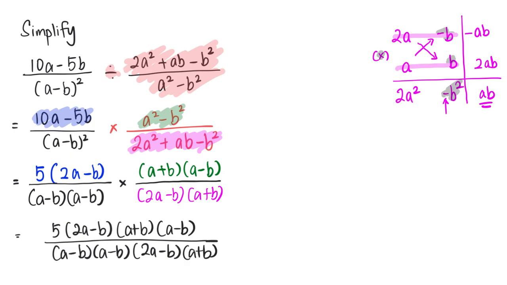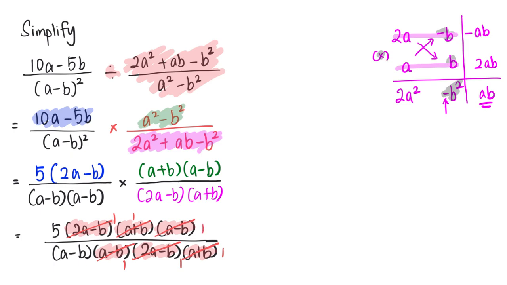And at this point, then it's for us to see, is there any bracket of factors that are the same? 2a minus b, 2a minus b. So I could divide them off to give me 1. A plus b, divide off to give me 1. A minus b, again, I could divide off.